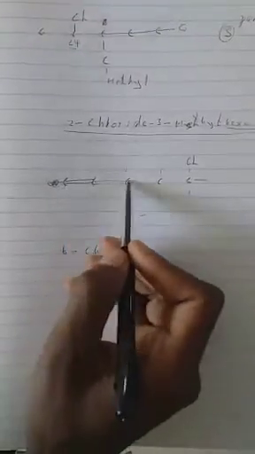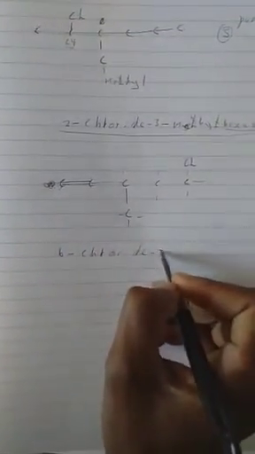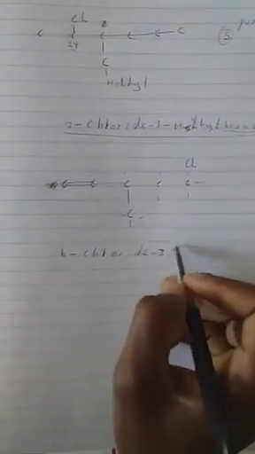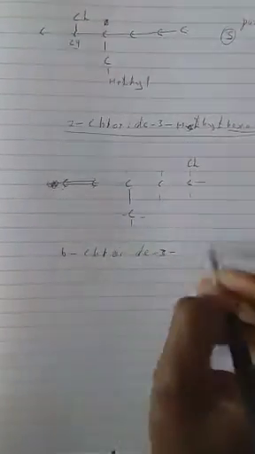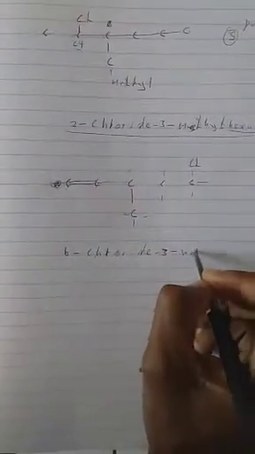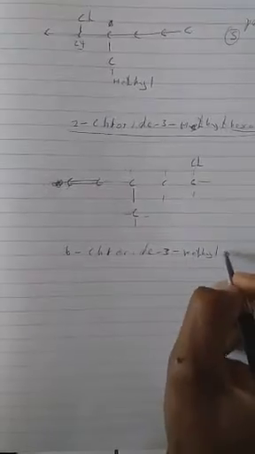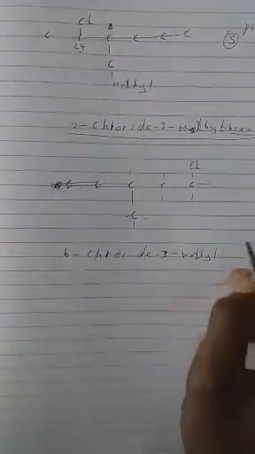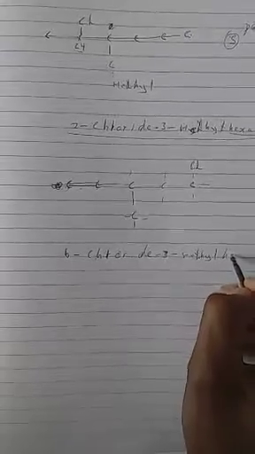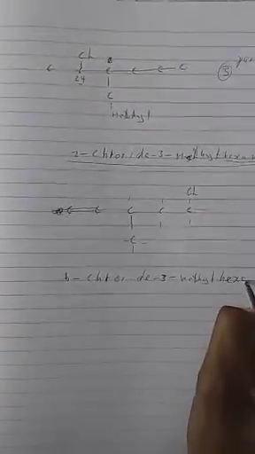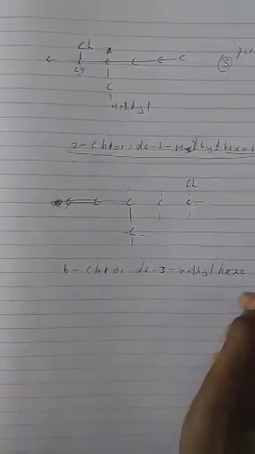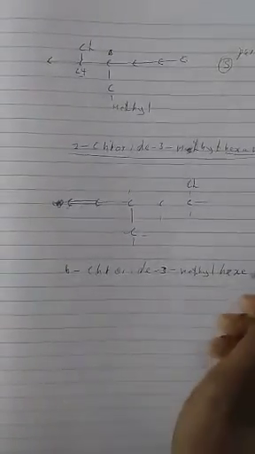Then 1, 2, 3, it's on the third. What is it? Methyl. Then the parent name, hexene. It's no longer hexane, it's hexene.